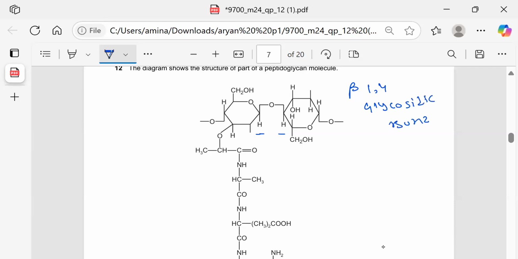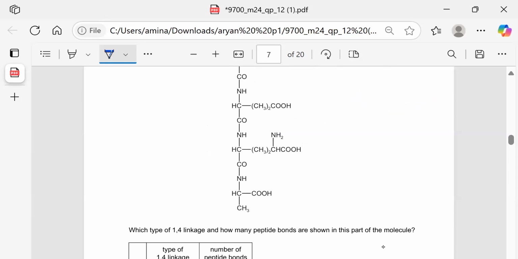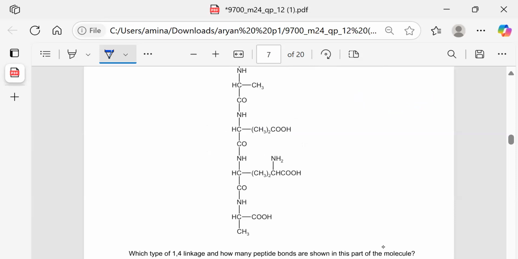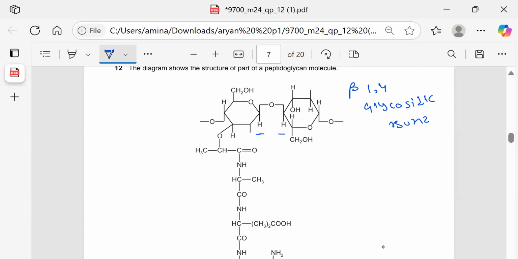The next thing which the examiner wants us to see is how many peptide bonds. To understand how many peptide bonds, we need to know how the peptide bond is formed, and between which two molecules. So if I make an amino acid, a peptide bond is formed between the NH2 group of one amino acid and the COOH of another amino acid.